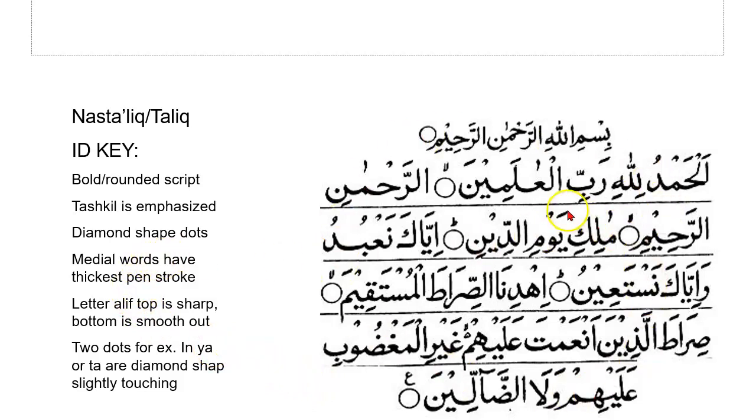So this is also the script that is used for Urdu, Farsi, Persian, and Turkish, the Ottoman Turkish of that era. Turkish now, modern Turkish is obviously written with the Latin letters, but prior to that, if you are at Topkapi or Istanbul, or throughout the wonderful tradition you see of the Ottomans, you will find this script everywhere, along with the other script that we're going to go over. Okay.